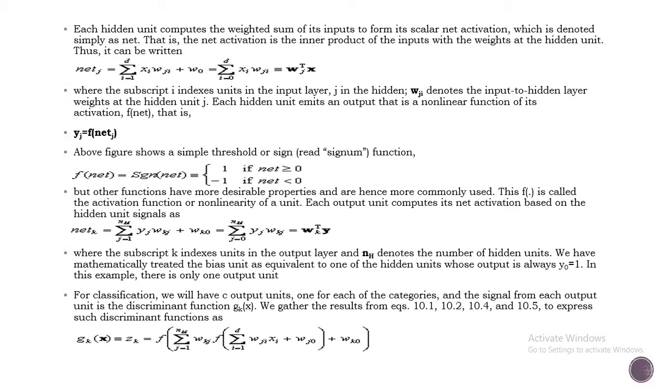In this example, there is only one input. For classification, we will have c output units, one for each of the categories, and the signal from each output unit is the discriminant function g_k of x.